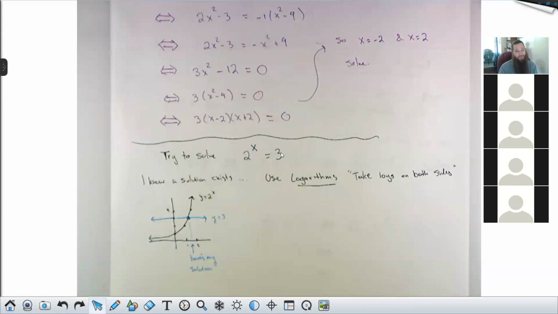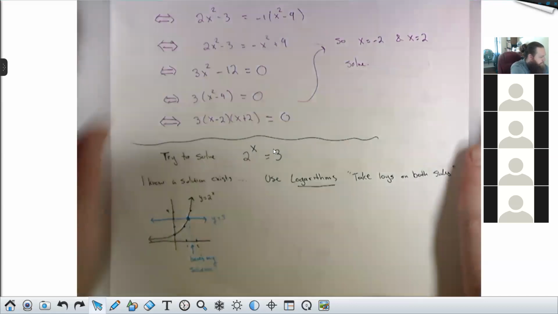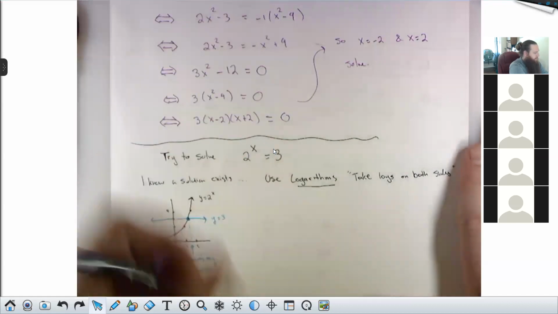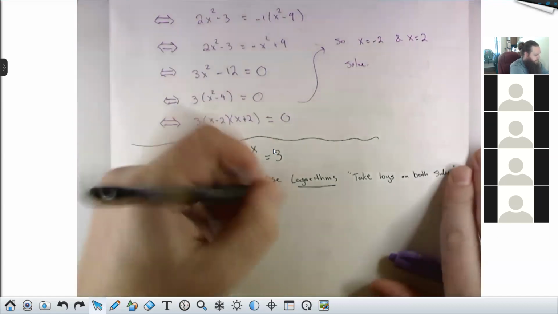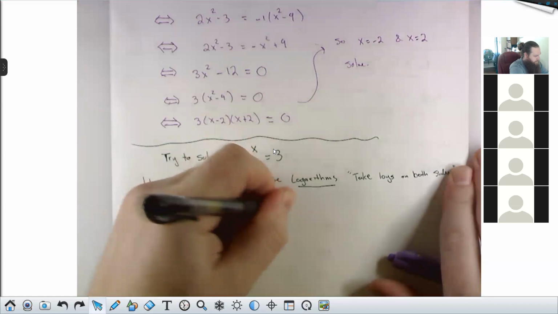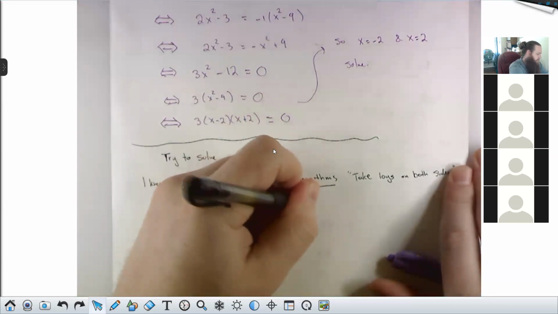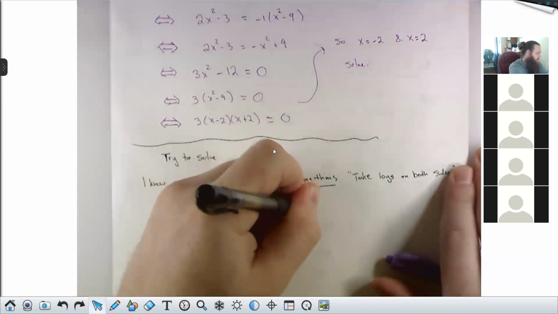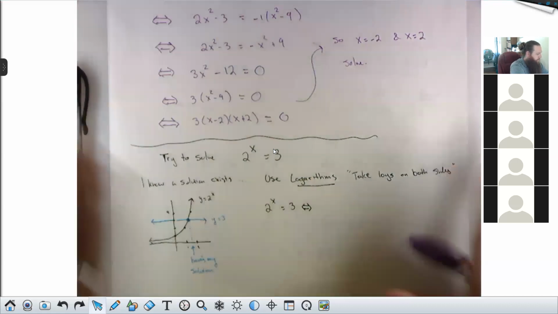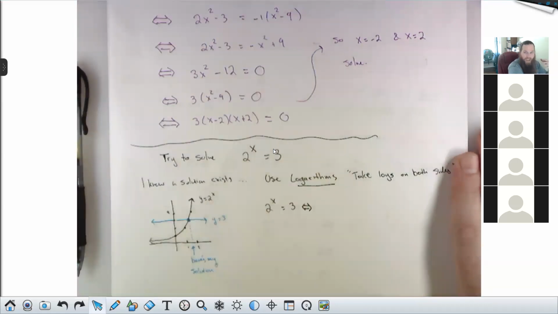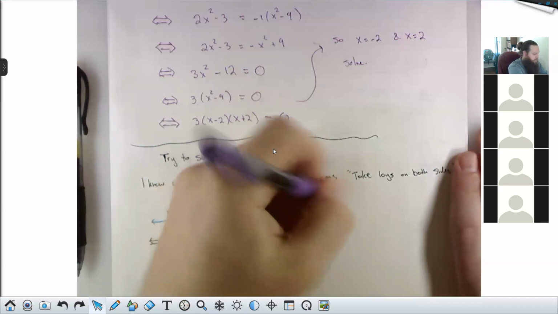And that doesn't really make things any better. But if I take both sides of 2 to the x equals 3, and I shove them inside any logarithm, your choice, I'll use the natural logarithm.